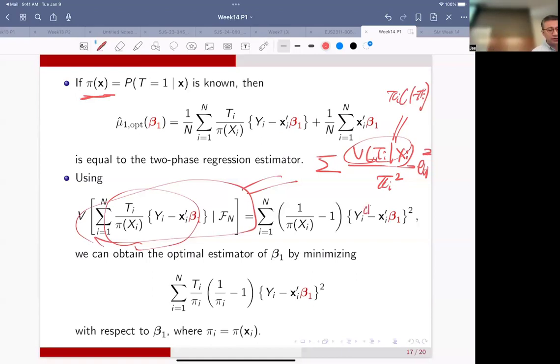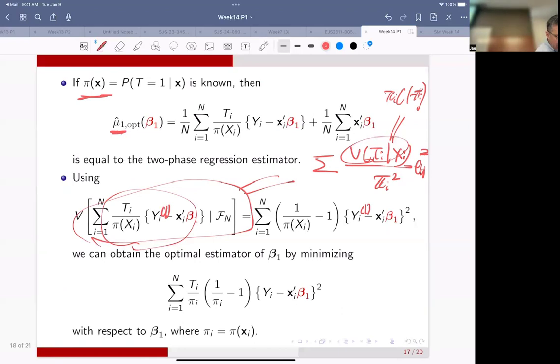We want, this is actually a mean of y1i, right? So then basically you want to use a Horvitz-Thompson type idea.